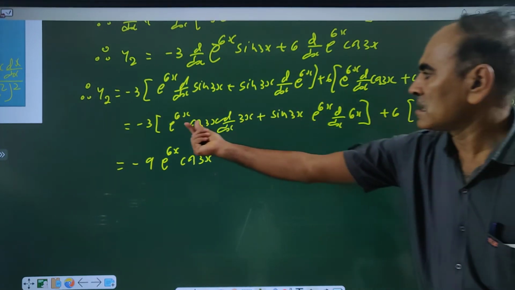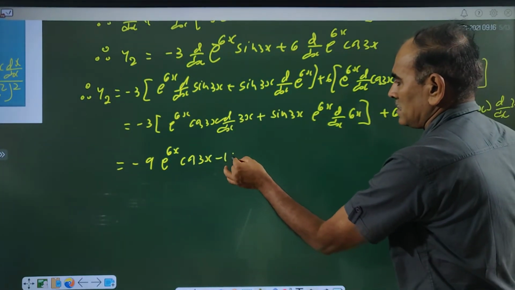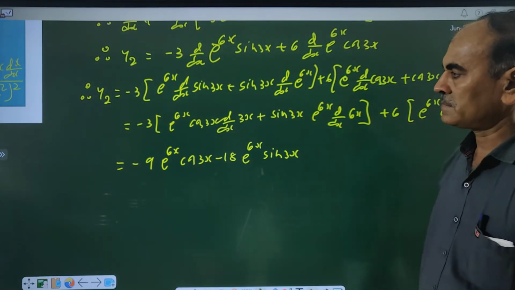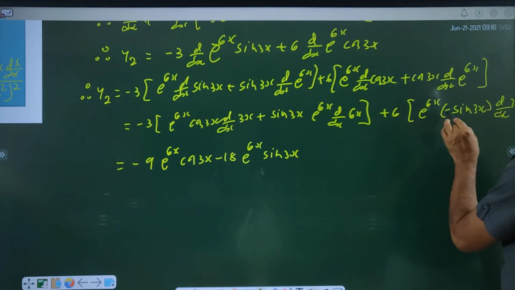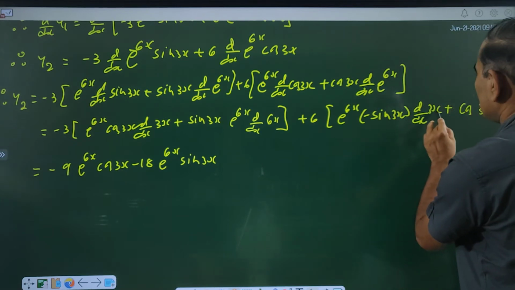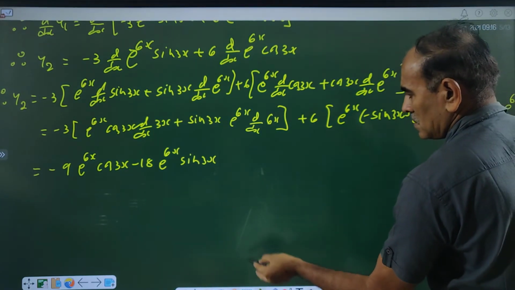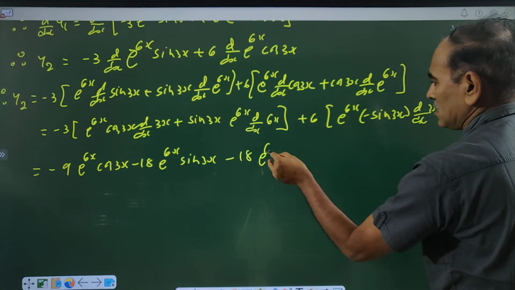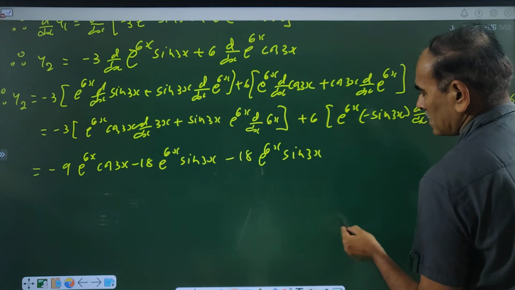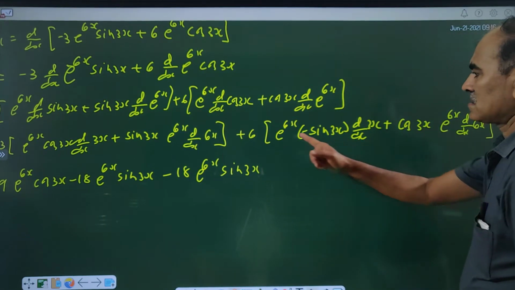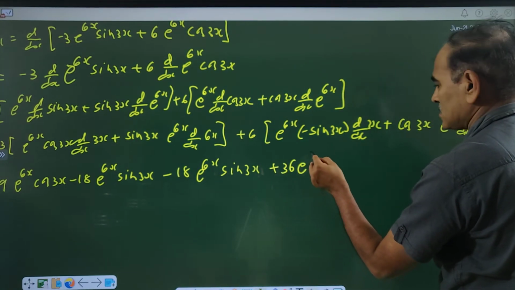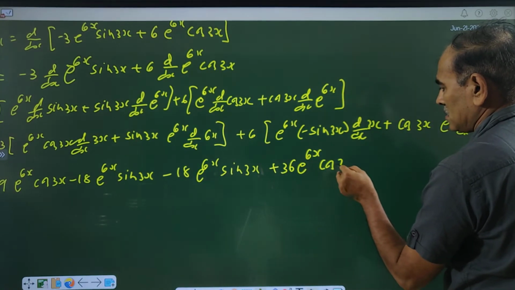Here 6 and here minus 3 is there, minus 18 e raised to 6x sin 3x. Minus 3 times 6, that is minus 18 e raised to 6x sin 3x. 6 times 6 is 36, plus 36 e raised to 6x cos 3x.